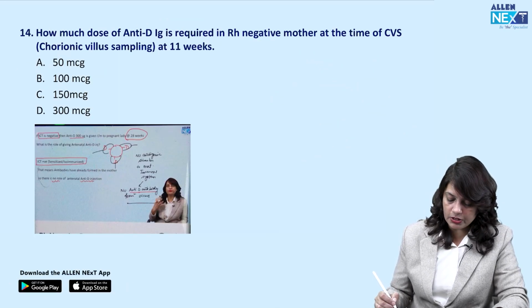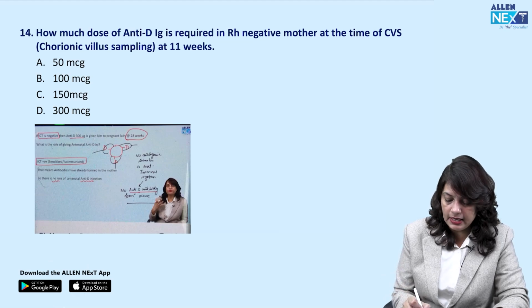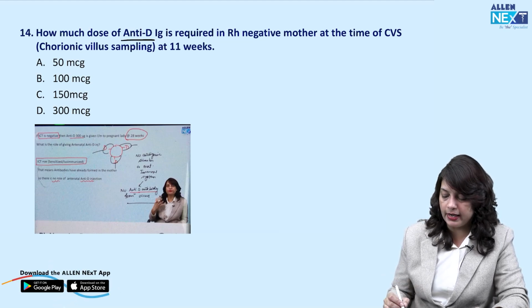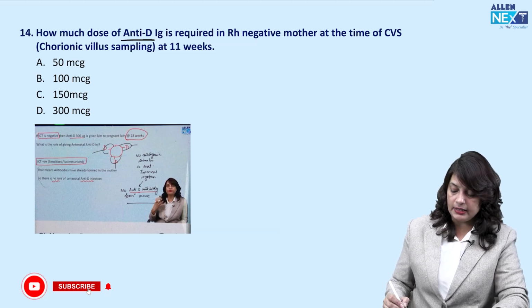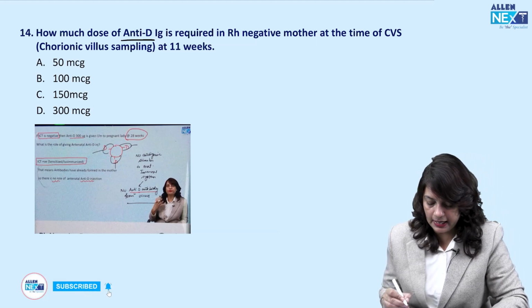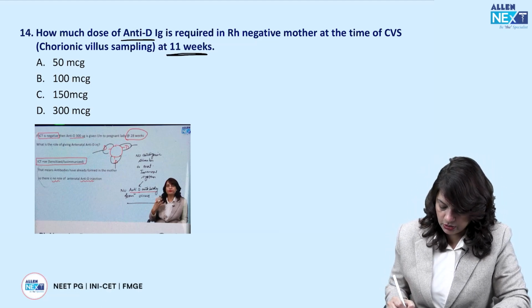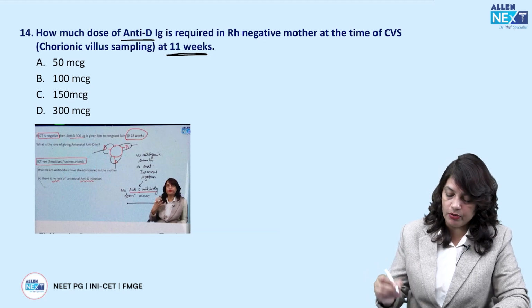Next, how much dose of the anti-D immunoglobulin is required in an Rh negative mother at the time of chorionic villus sampling at 11 weeks? So this I have already told you.